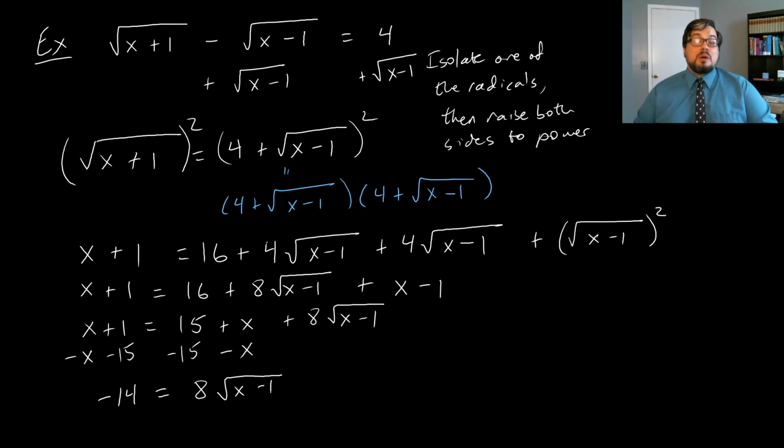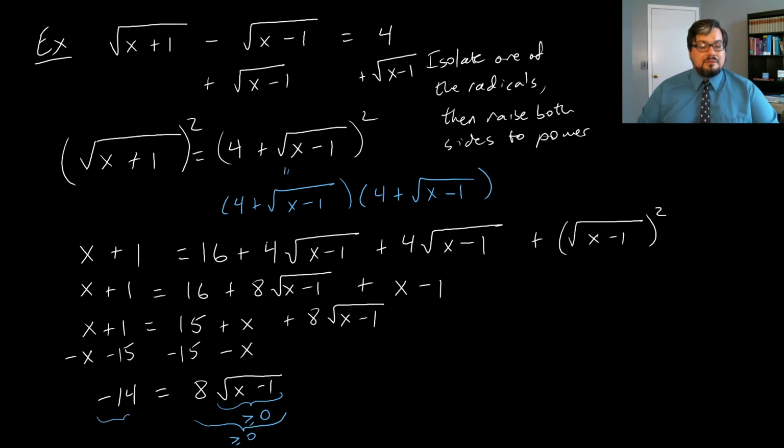And now here's where we can actually stop. We can use the same trick that we had last time. The square root of x minus 1 is going to be greater than or equal to 0. It's going to be non-negative. 8 is a positive number, which means that 8 times the square root of x minus 1 is going to be a non-negative number. It's going to be greater than or equal to 0.